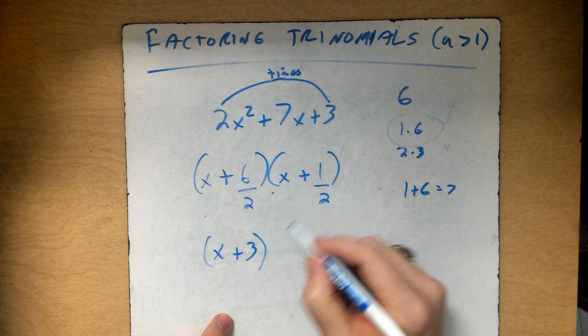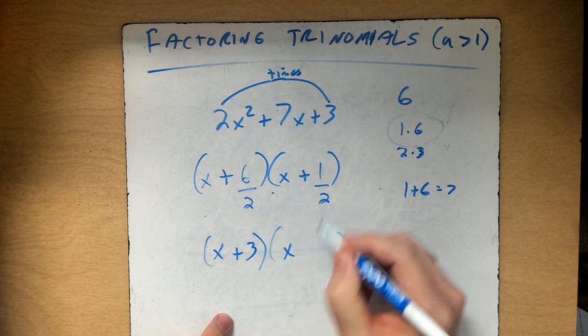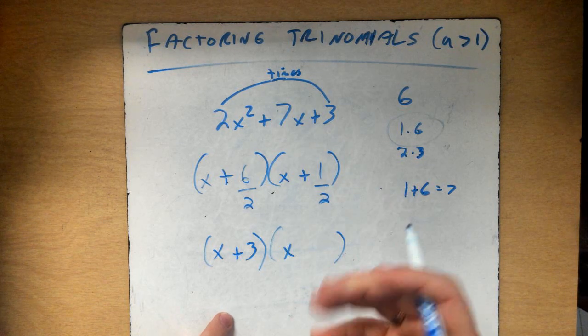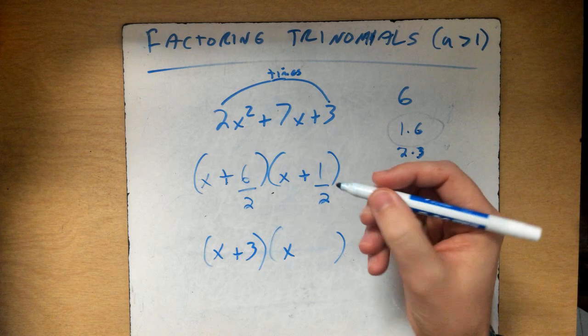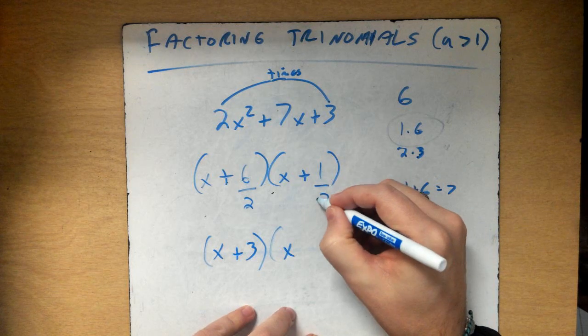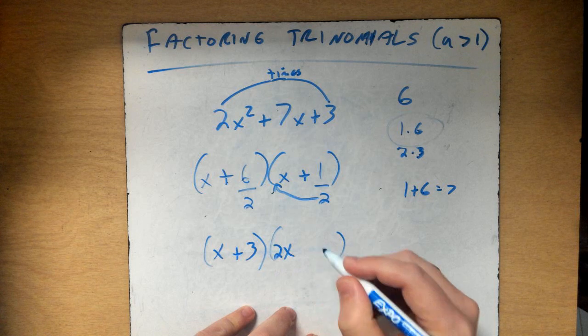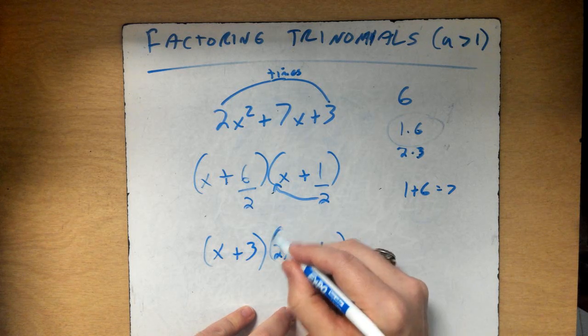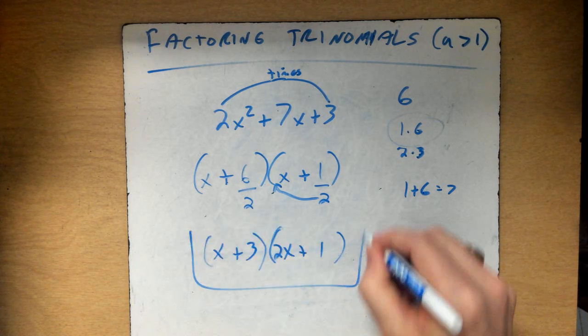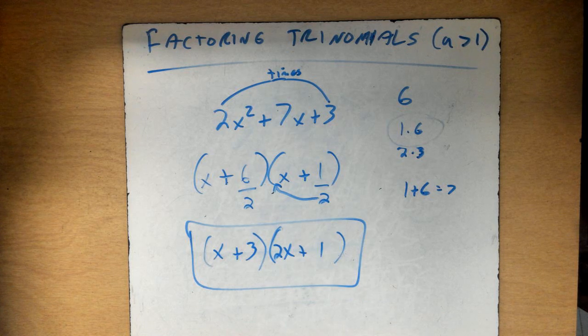And then this one, 1 divided by 2. Well, that doesn't give me an even number. I can't really do that. So because I can't do that, I take my 2, I put it back up here, and do 2x plus 1. Sorry, the premature parenthesis there. Okay, so 2x plus 1.